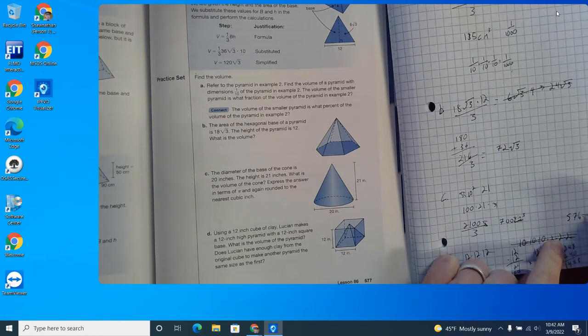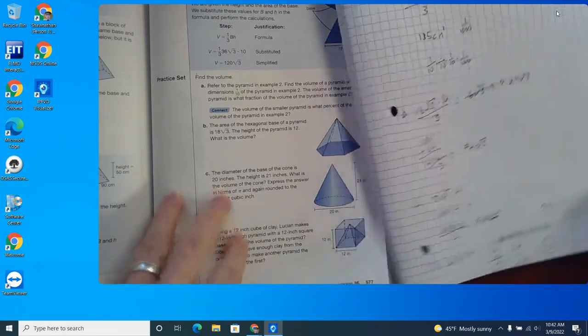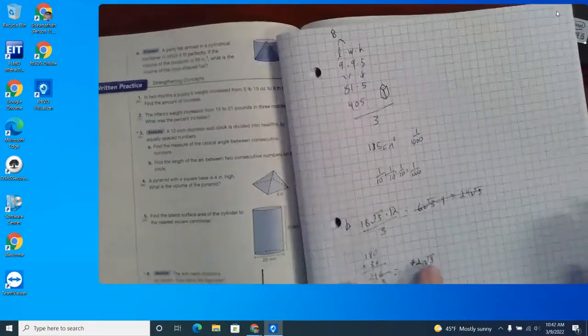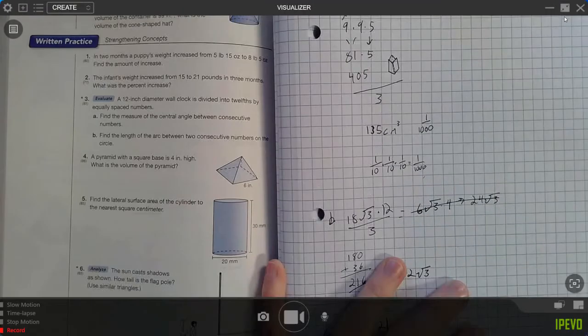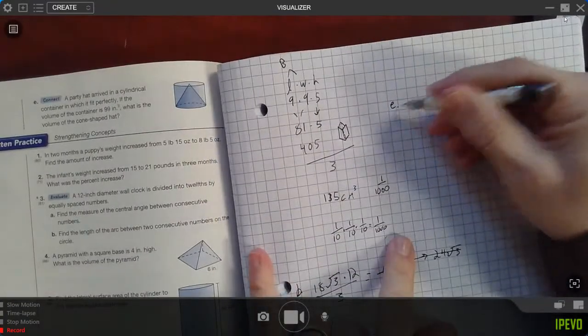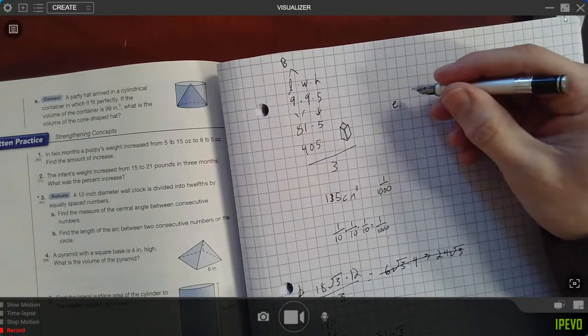576 inches cubed. Okay. Any other things? Oh, there's E too. E says a party hat arrived in a cylindrical container in which it fit perfectly.